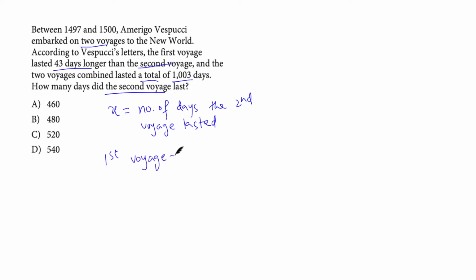If this is x, what is the number of days for the first voyage? It's given in the question. Just translate. The first voyage lasted 43 days longer than the second voyage, so the first voyage is x plus 43. And the first plus second voyage combined give us a total of 1003 days. So our equation becomes x plus x plus 43 equals 1003.